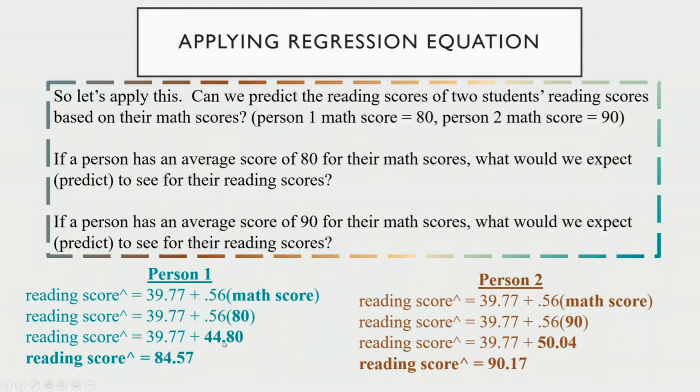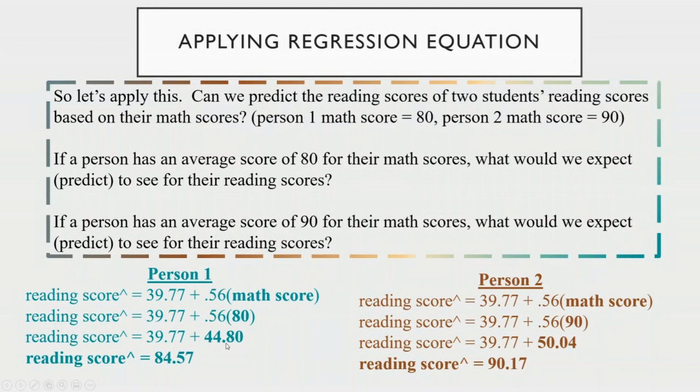So person 1, well, here is our regression equation. Reading score hat equals the constant of 39.77 plus a slope of 0.56 on math score. So we plug in our math score of 80 right in there, and we go, okay, reading score equals 39.77 plus 0.56 times 80.